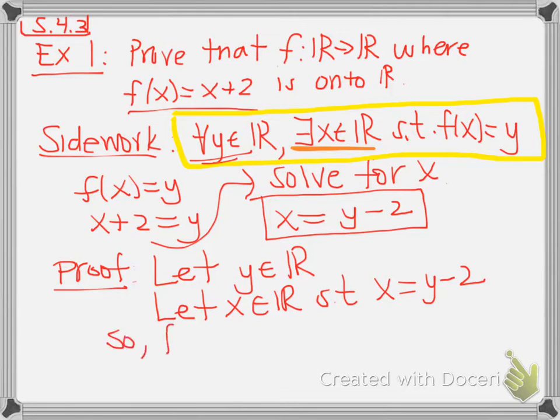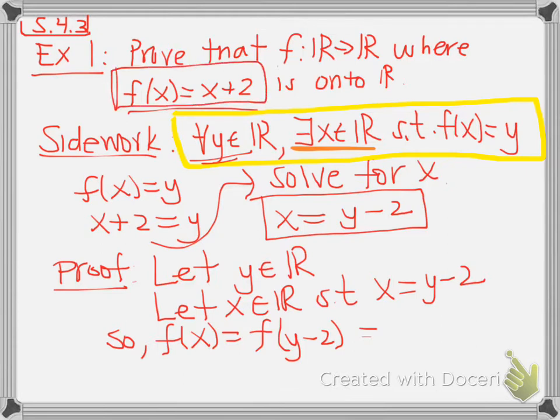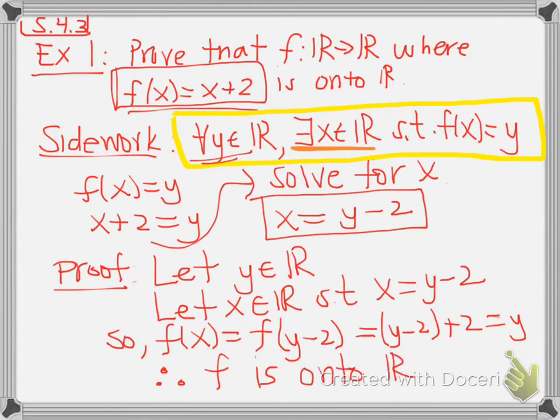So f of x equals f of, now we substitute in what we found for x, y minus 2, and according to this function that equals y minus 2 plus 2, which equals y. Okay? Therefore, we just proved it. F is onto R. Okay, so I'll stop this video now and start the next one.